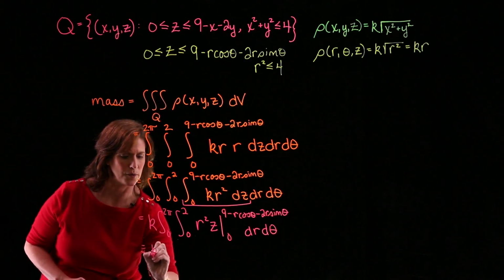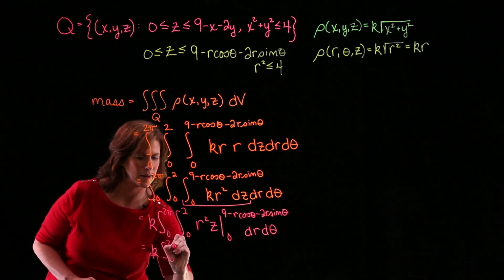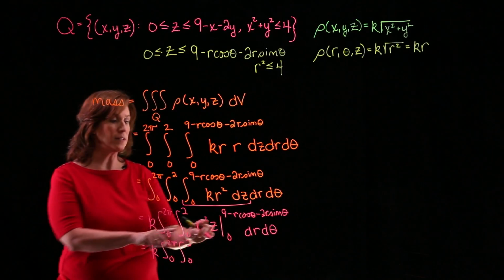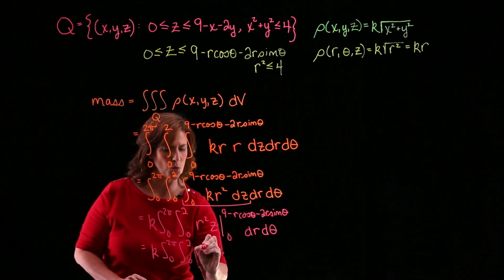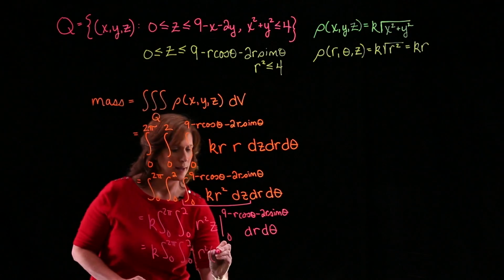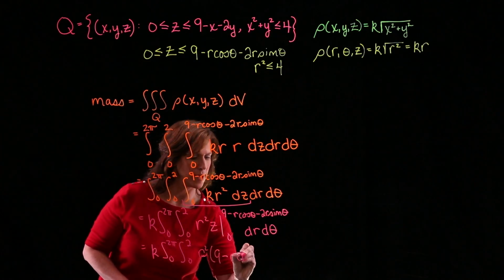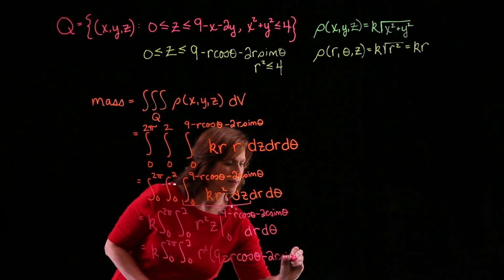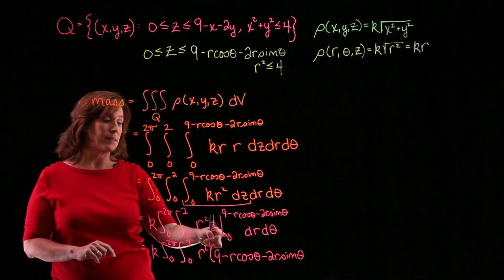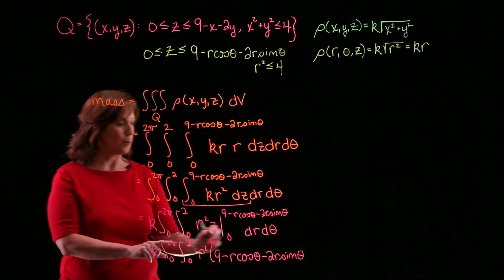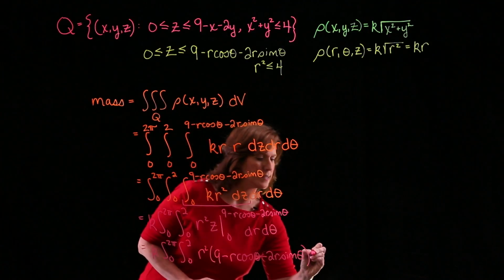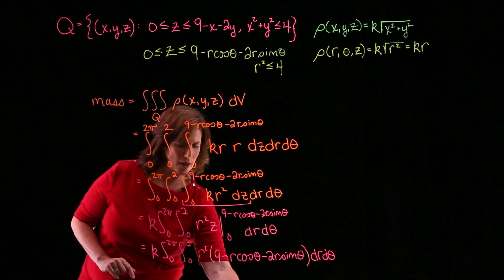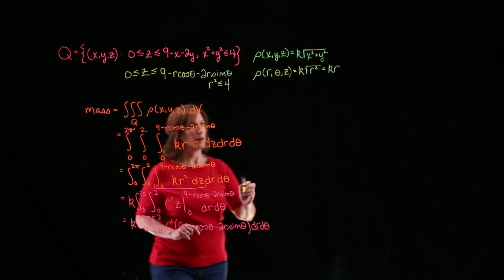Okay. So plugging in my upper and lower limits of integration into the z values, I'll have r squared times the quantity 9 minus r cosine theta minus 2r sine theta. When I plug 0 in for z, I just get 0. So I'm finished with this part, and I still have my dr d theta written. Okay, let's move up.